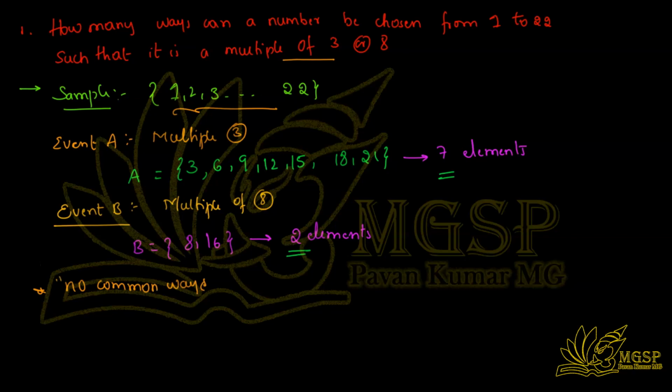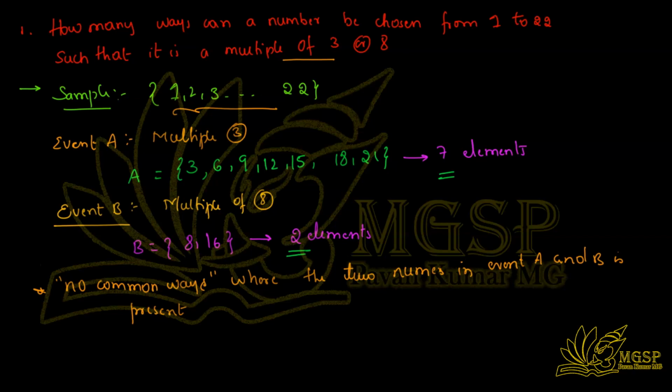Okay, what does it mean? Where the elements of event A and B are not present together, we can directly say, because we cannot use two negative words at the same time, it is present.